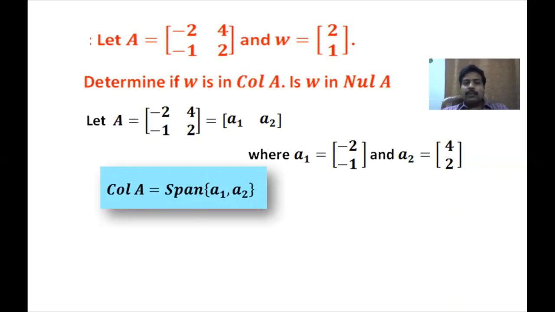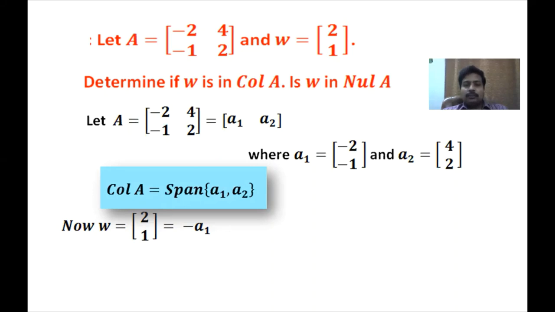So the linear combination of these two columns, or simply vectors, will be the column space of A. That is, all possible vectors, or all possible column matrices, formed as a linear combination of these two columns is the column space of A.